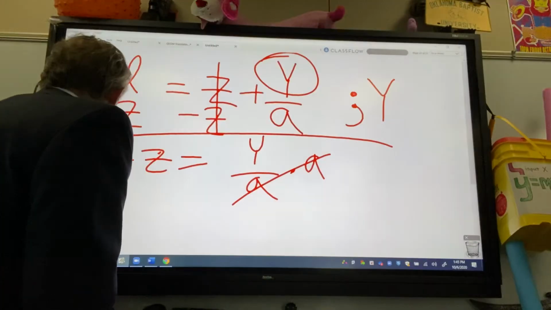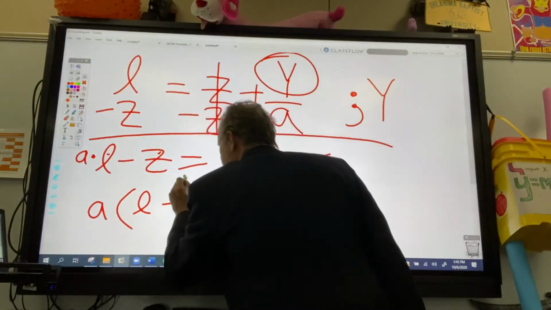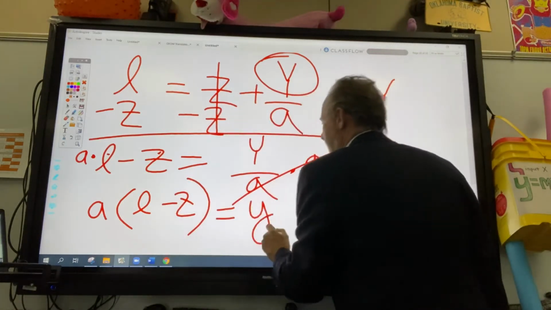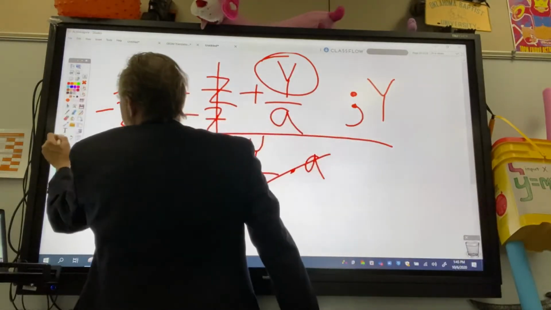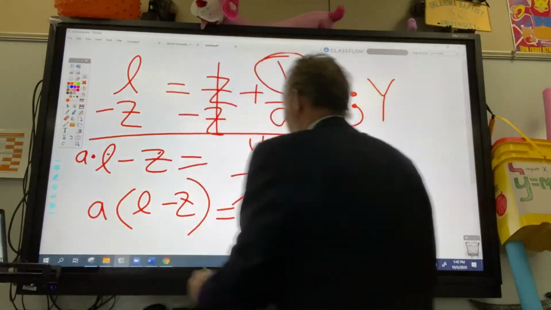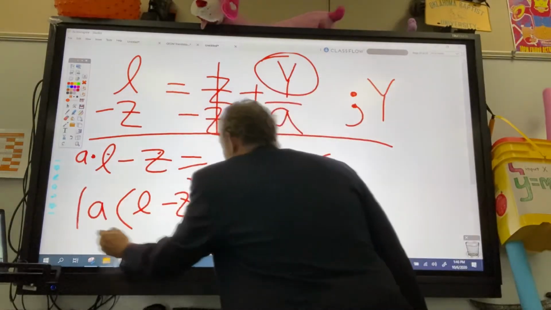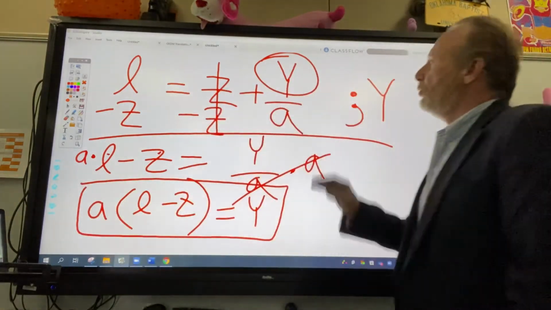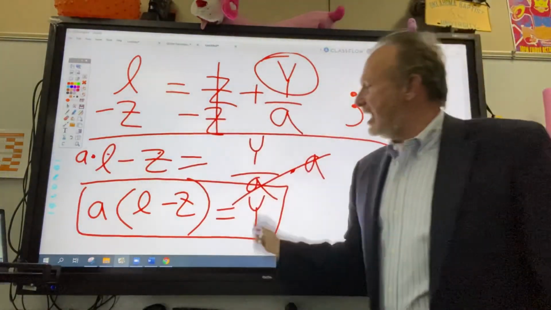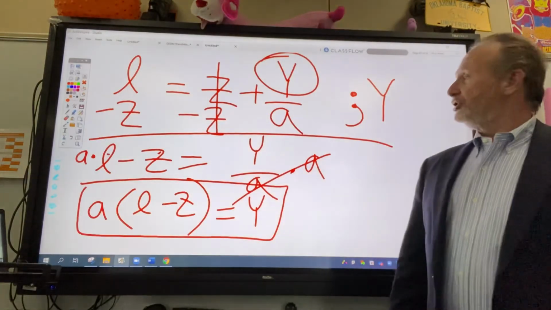So A distributes across the L minus Z in parentheses, equals A times Y over A, which is capital Y. So Y equals A times L minus Z. That's my answer right there. And what did I do there? When I had the L minus Z, I multiplied by A, so I had to turn it into a distributive problem. Everybody cool? Good.